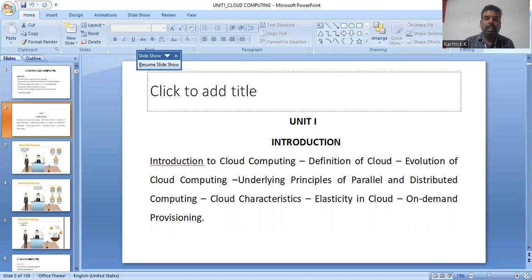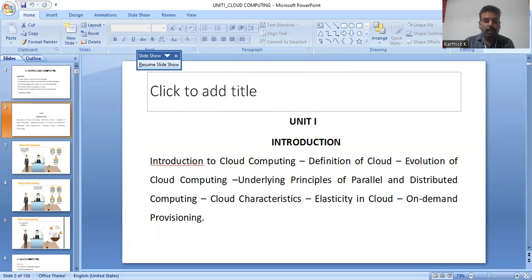The end users need not know the details of the specific technology while using applications as a service. It is completely managed by the cloud service providers.